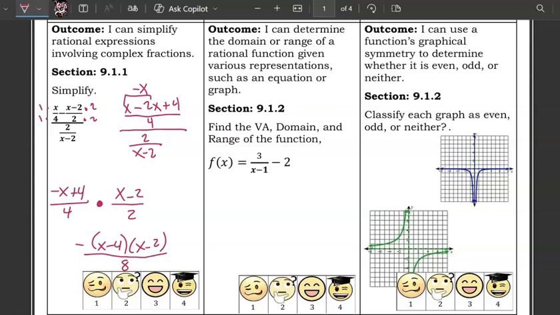Negative (x - 4)(x - 2) all over 8. And of course, you could multiply these out to have them in standard form as well: negative x squared plus 6x minus 8 all over 8. So you could have it as either thing depending on what the question would be asking for.